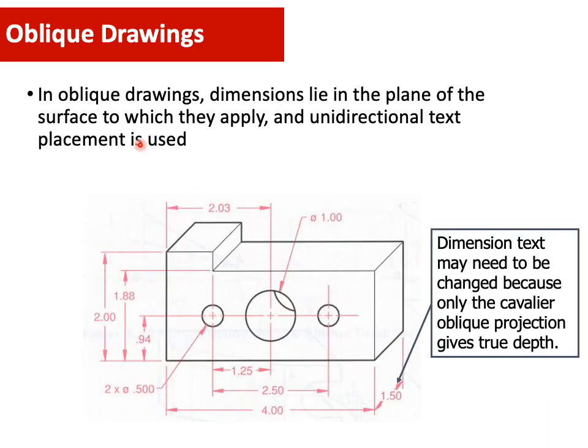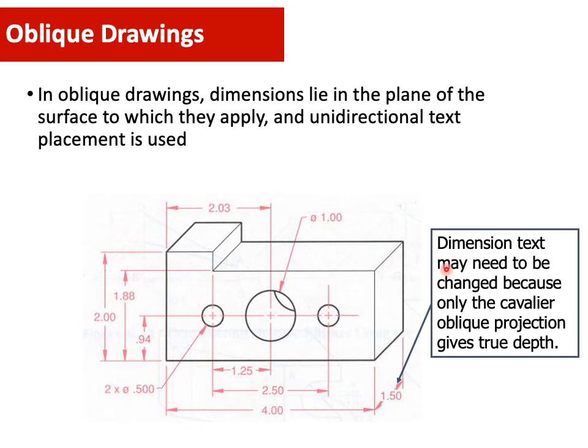For these oblique drawings, the dimensions: you already learned about the isometrics, right? You put the dimensions outside, and they need to be unidirectional.